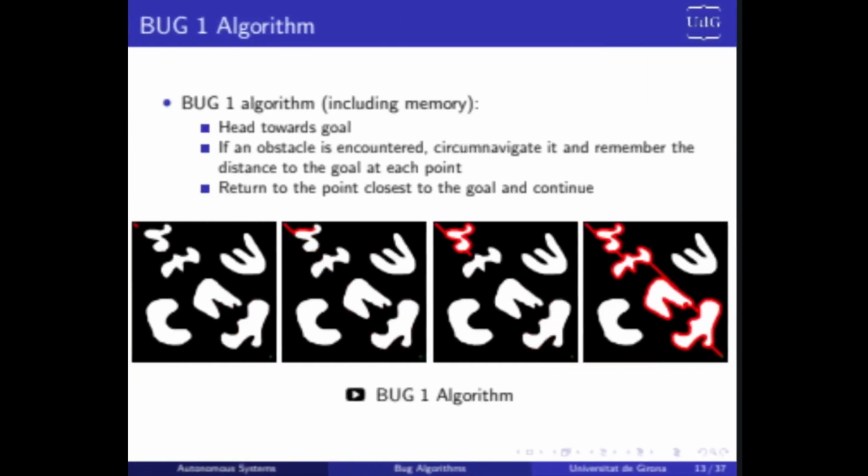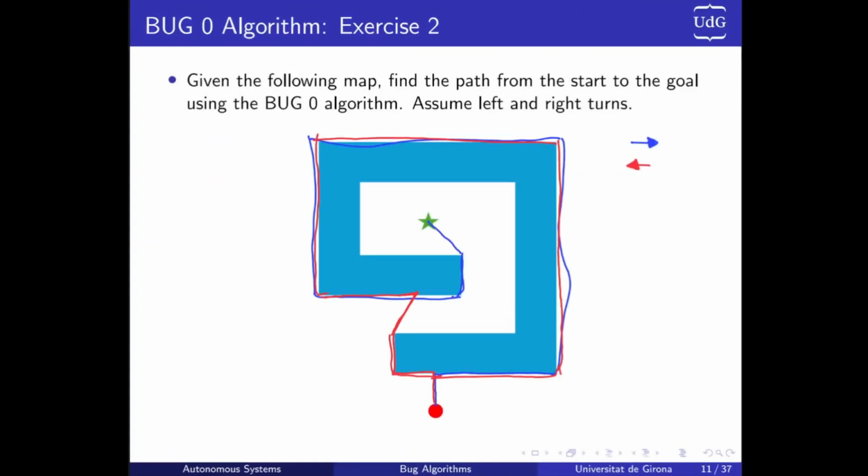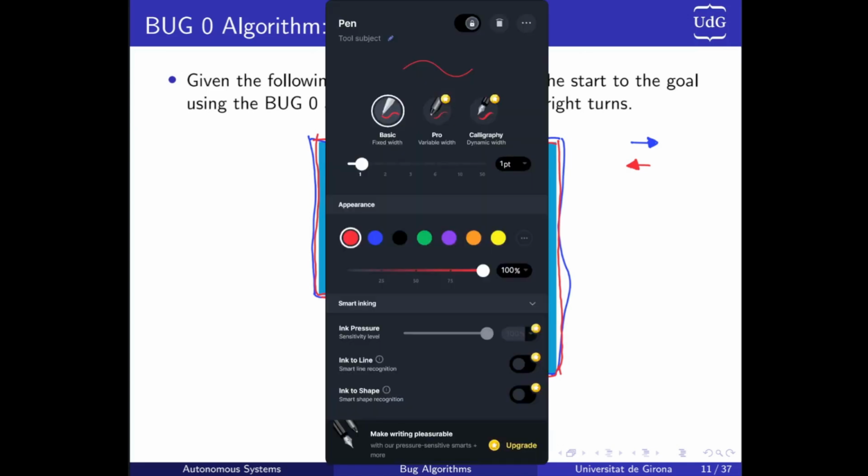It's bug zero. Okay, in this moment, I reach exactly the hit point. You see? I've done a complete circle until I reach this point here. Then this is the hit point.